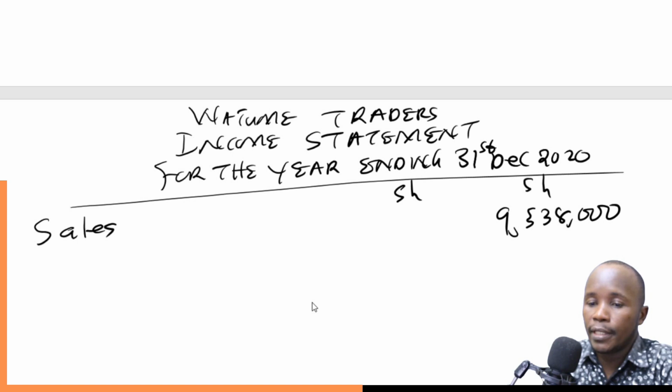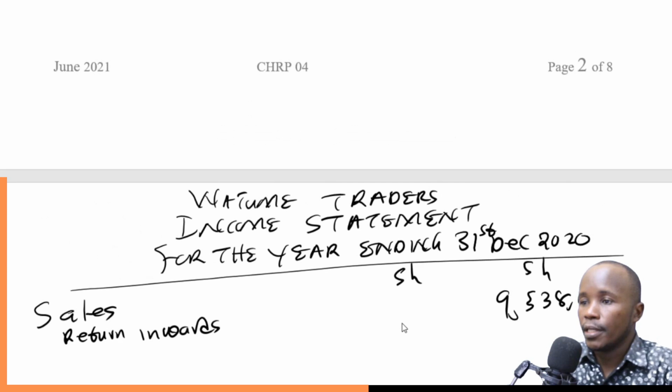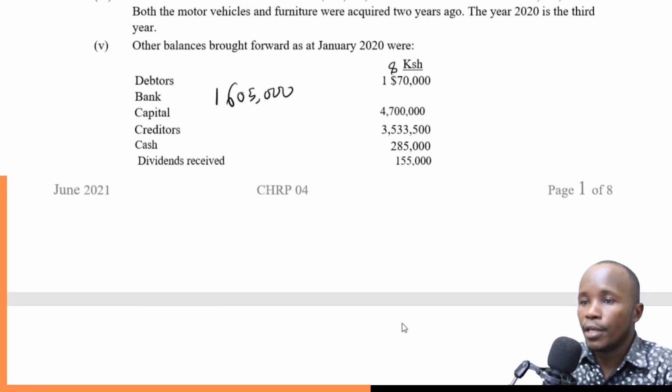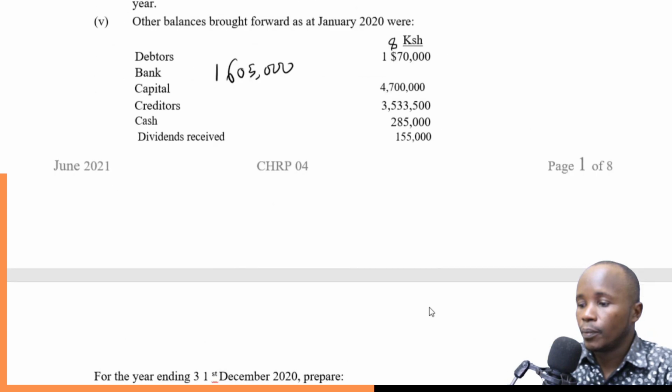Now, from the statement there, we have sales returns. We call them returns inwards. These are the sales that were made but returned by customers. It therefore means they reduce our total sales. So how much is the figure? This is 338,000.